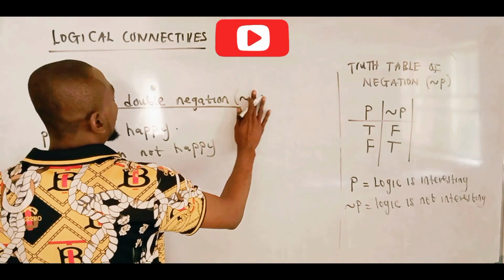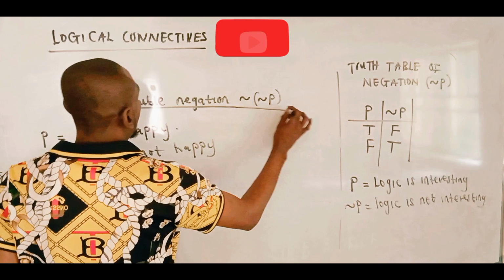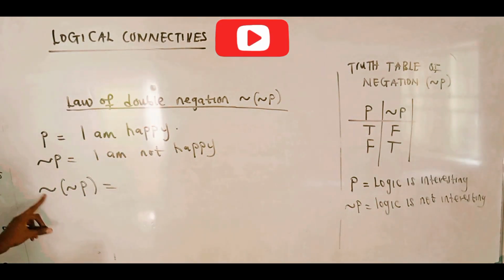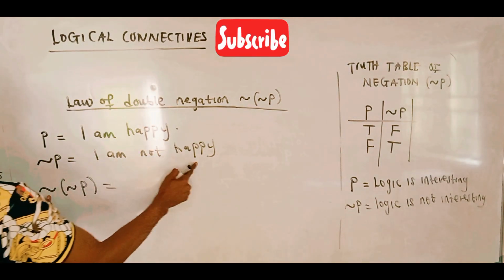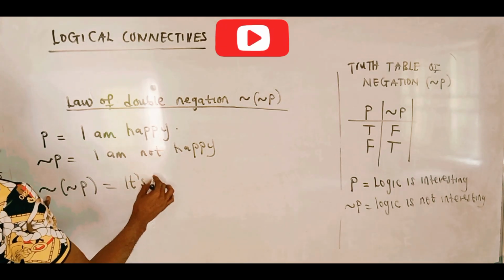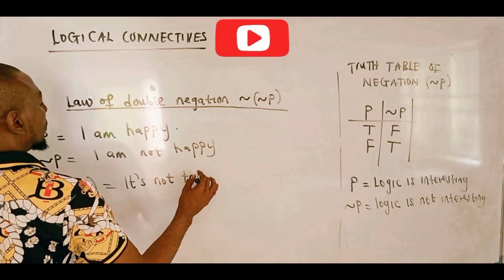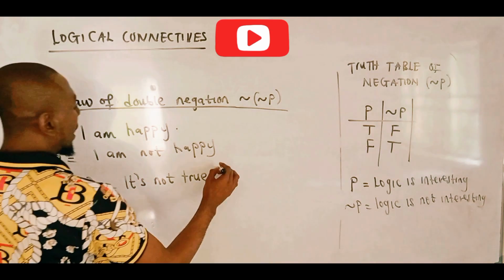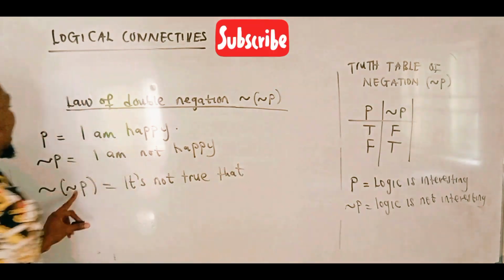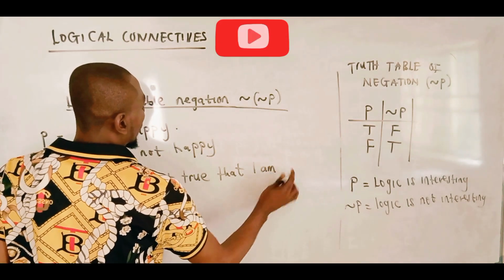So we're talking about the double negation of P. The double negation means this negation means I am not happy. Then the outside negation means it is not true. But then the inside negation, I am not happy.